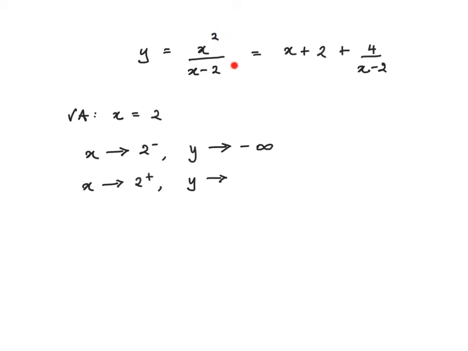So positive divided by a very small positive gives us a very large positive value. So vertical asymptote at x equals 2. So to the left of 2 we're tending to negative infinity. To the right of 2 we're tending to positive infinity.